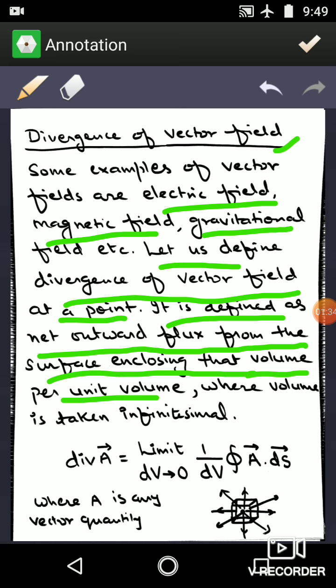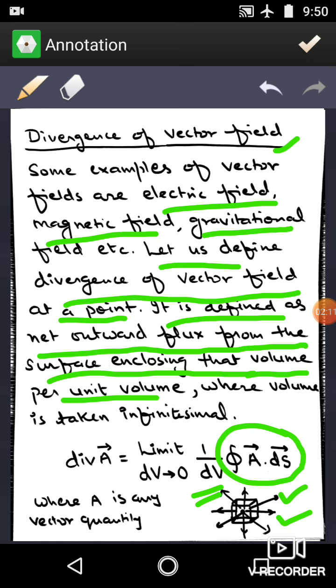Let us see this diagram. If we have to define divergence of a vector quantity at the center of this infinitesimal volume element that is taken as a cube, then we should first measure the net outward flux, that is the integration of A dot dS, and then we divide it by volume element dV.